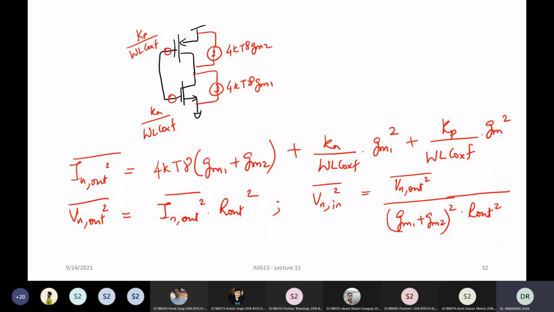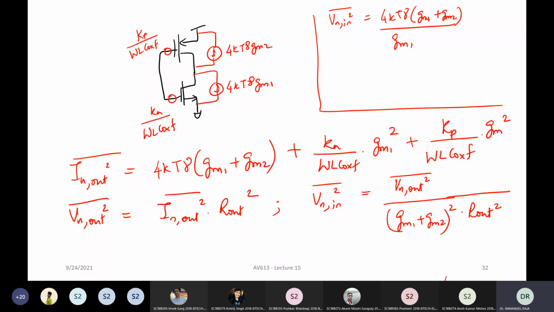Correct. Now, obviously, Rout squared will get cancelled out, and you are left with what? Vn,in squared is nothing but 4kTγ(Gm1 + Gm2) divided by (Gm1 + Gm2) the whole squared, right?